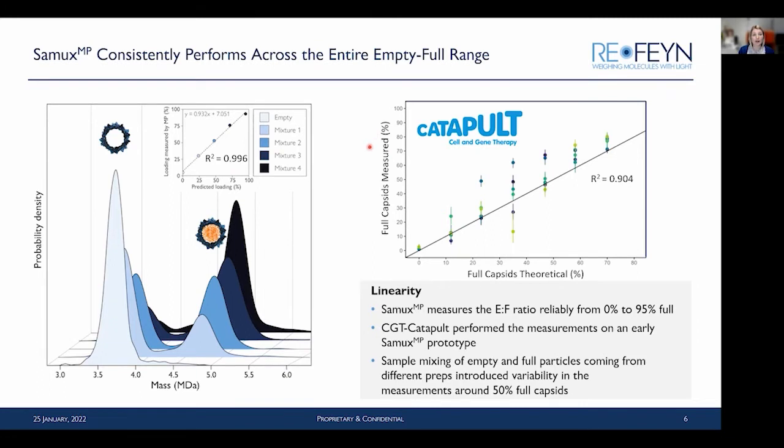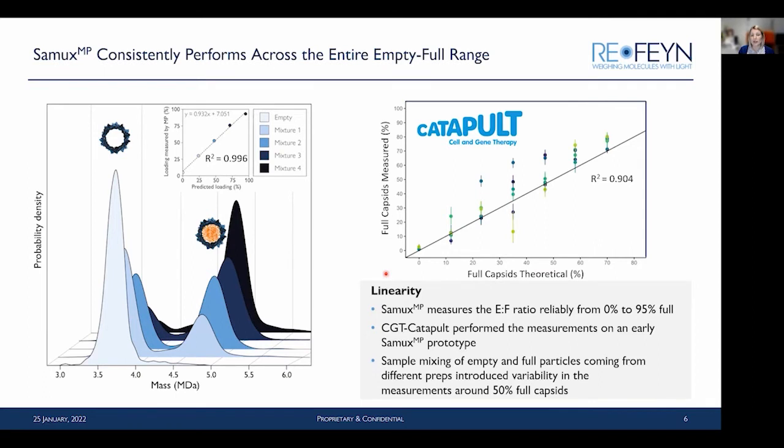One of our early partners, Cell and Gene Therapy Catapult, also did a very similar experiment, but they used their own preparation of an empty AAV particle and full preparation of 70% full AAVs. And you can see in this graph that they also saw a really nice correlation throughout the measurement range, but they also saw a very big variability of the measurement, especially when there was a high mixture rate of 50-50 of the two preparations.